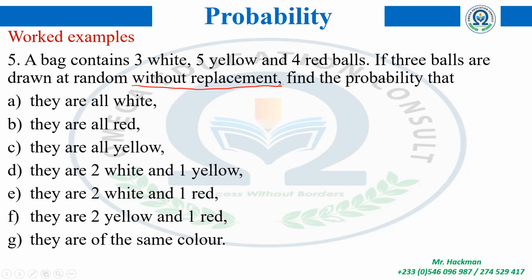Find the probability that, so once you see one of the keywords, and we can see one here, the keywords will be, if it's not committee, it will be at once or at the same time, or without replacement. So it means this question can fully submit to the application of combination, unless in the situation where in the question you see the order specified, then combination is no longer applicable.